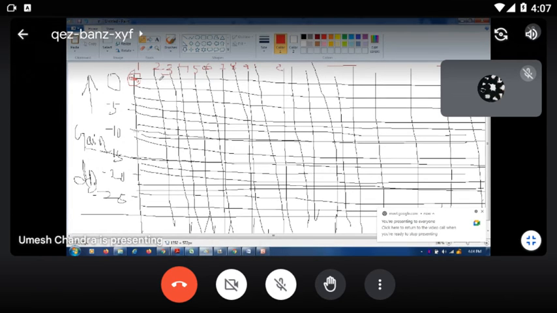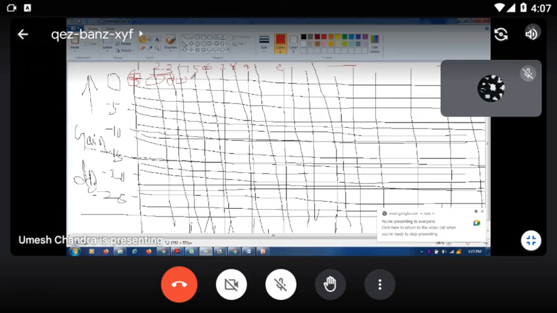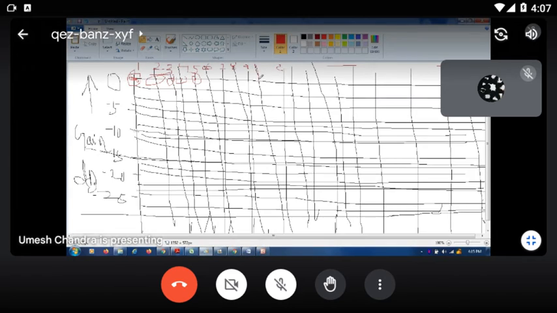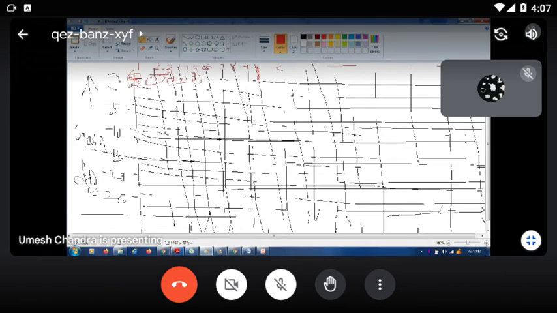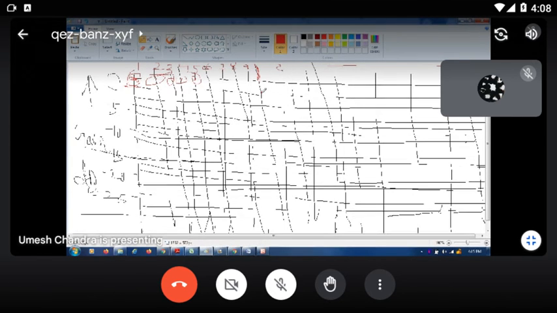And at 200 hertz, gain is also 0. 300 hertz, gain 0. 400 hertz, gain 0, or 500 hertz, gain 0. But when you give 1 kilohertz, what is your gain? Gain is minus 1.9.